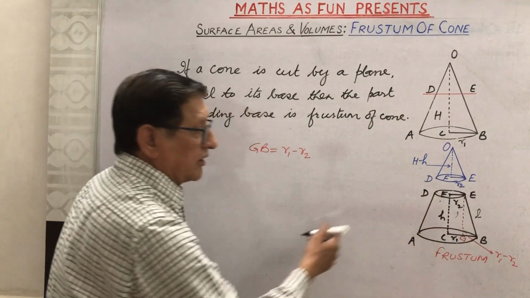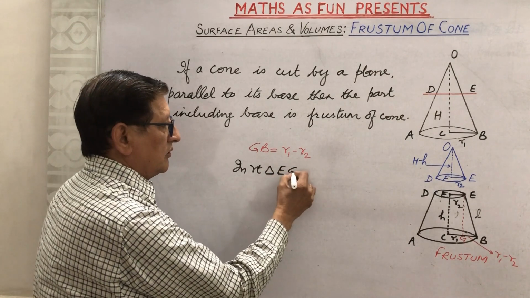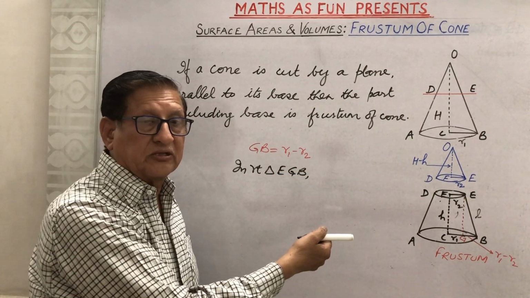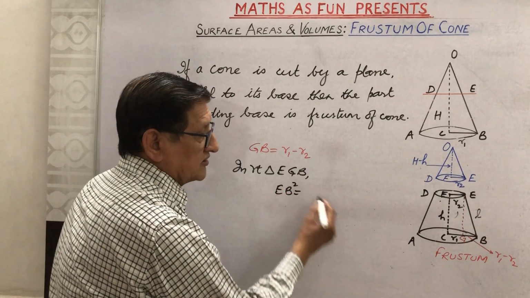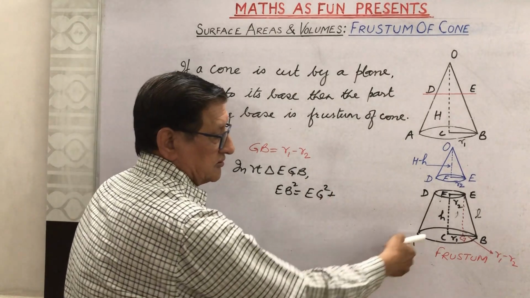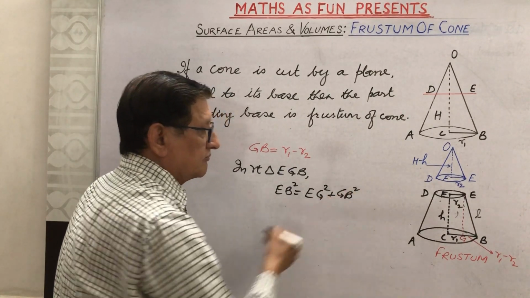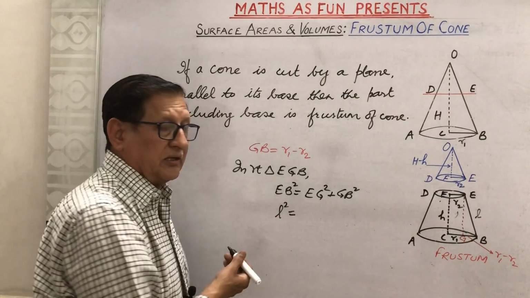Then in a right triangle EGB, what do we find by Pythagoras theorem? We find that EB square is equal to EG square plus GB square. What is EB? EB is L, that is the slant height.